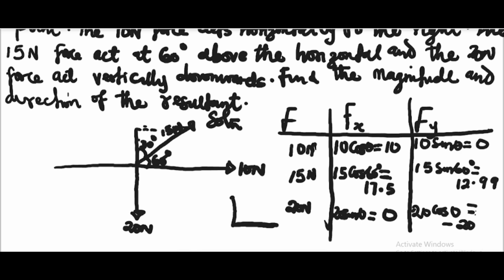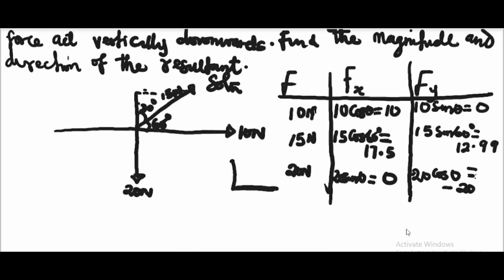Okay, so now I'm going to sum the forces so that I can get the resultant force. Summing the forces together, I have 10 plus 7.5, sorry, this should be 7.5. So 10 plus 7.5, I have 17.5 Newton.